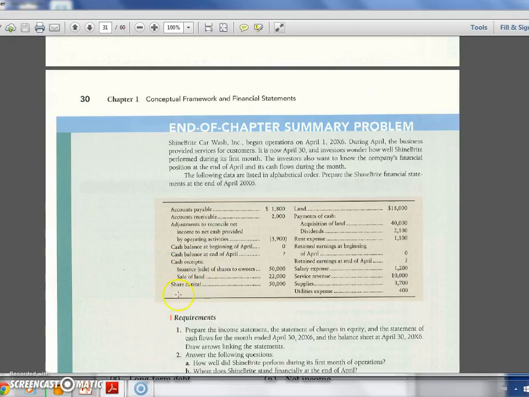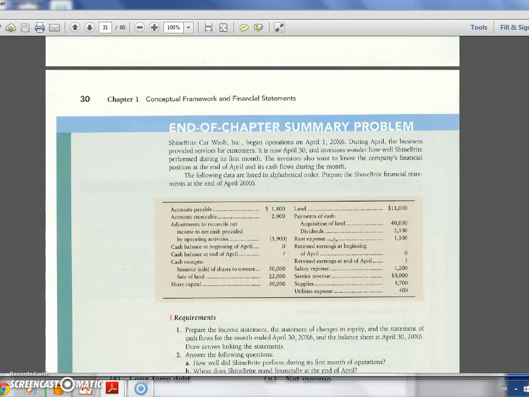Then here's cash receipts, share capital, land, payments of cash, acquisition of land, and dividends. So you know this goes under one of those last two, cash. Land is balance sheet. It's an asset. Rent expense. Anything that's an expense, it's under income statement.